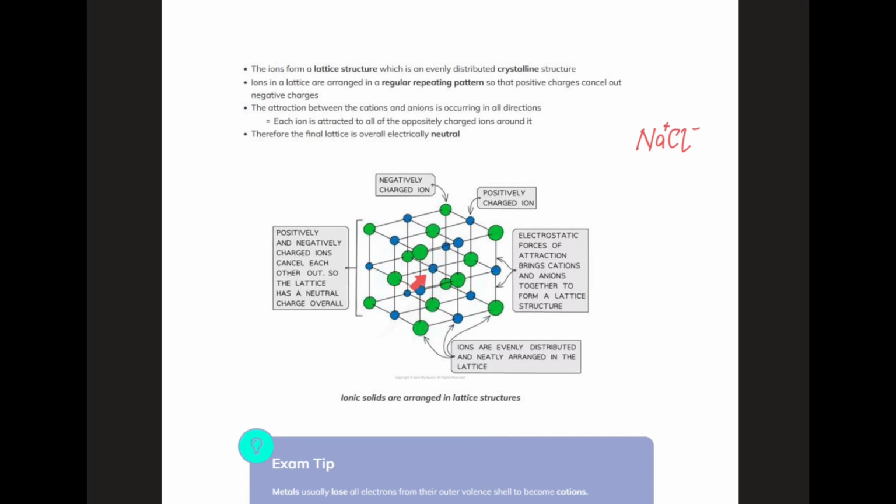So that's why you can see they are on the up, down, left, right, front, back to attract the oppositely charged ions. So each ion is attracted to all of the oppositely charged ions around it. Therefore, the final lattice is overall electrically neutral. Okay, overall neutral. So this is the lattice.